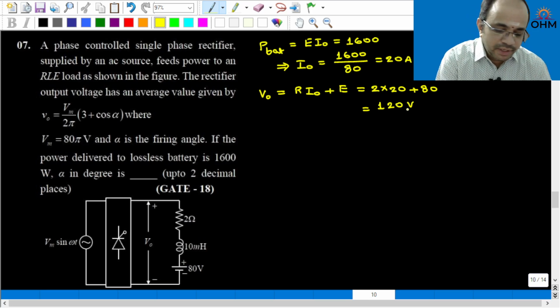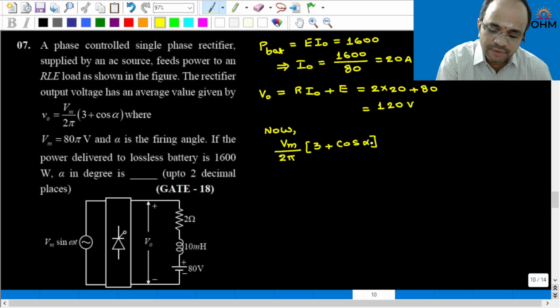Now this 120 volt should be equated with given expression. Now what is that? Vm divided by 2 pi into 3 plus cos alpha is equal to 120.